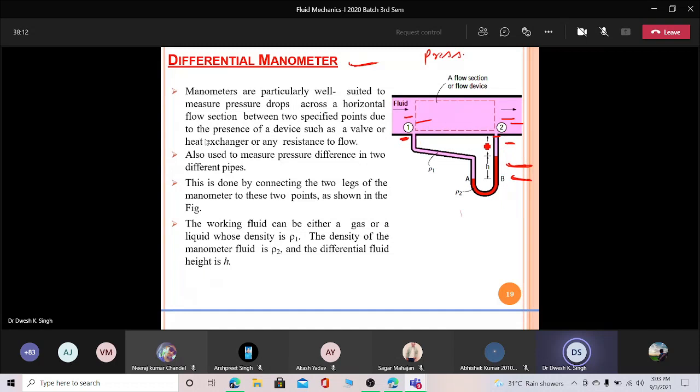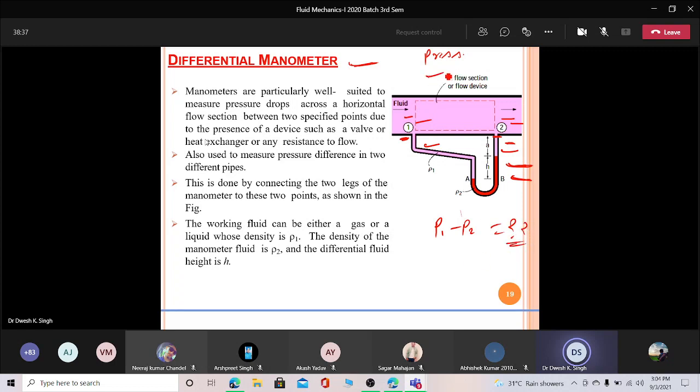Obviously, there are 2 points having different pressure, so they will push the fluid inside this manometer to two different heights, because the pressure is different. So what we need to do is calculate this pressure difference, that is P1 minus P2. What is the expression?